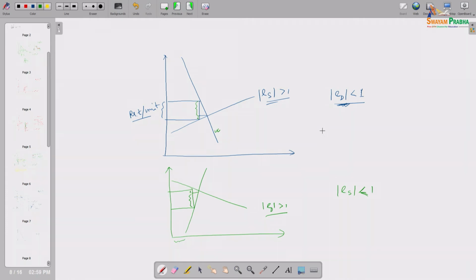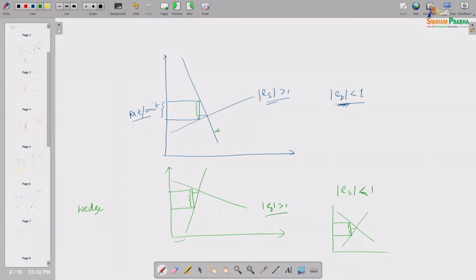And if the demand curve and supply curve are roughly equally steep, this is the wedge of the tax. Look here, customers are paying this much, sellers are paying this much, roughly 50% each, sharing equally. So, we understand that when the commodity is a necessary commodity to the customers, they have to bear a relatively larger fraction of the wedge of the tax, W-E-D-G-E, wedge of the tax.